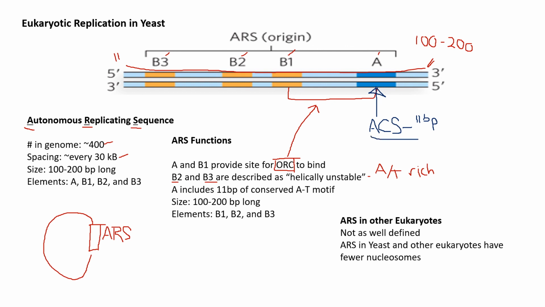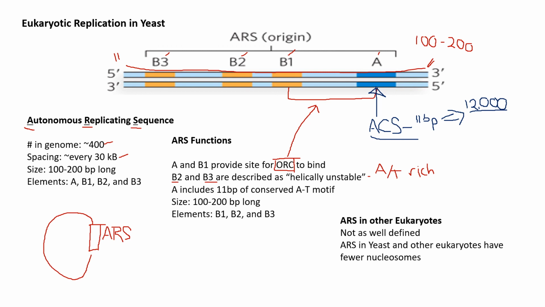Because it's only 11 base pairs long, within the entire yeast genome there's actually 12,000 copies of it. Oh yeah, ACS stands for ARS consensus sequence. Okay, so even though there's 12,000 copies of it, within the genome only 400 of them are functional. Those are the 400 that are actually within the ARS, the completed ARS element itself, so there's a few extras.